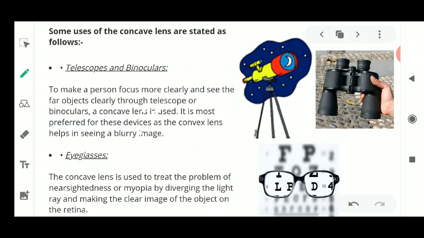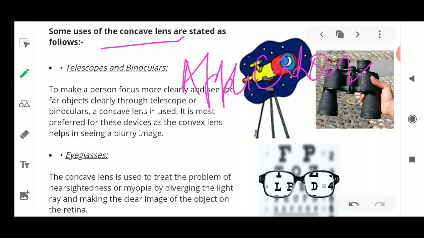Next, the points I will discuss are the uses of concave lenses. Some of the uses of concave lenses are stated as follows. Now why are we studying this? As I told you, whenever rays form images, it is going to be utilized somewhere. So these are the applications of the image formation done in concave lenses.